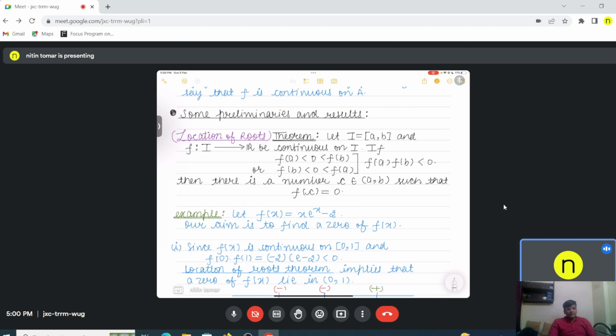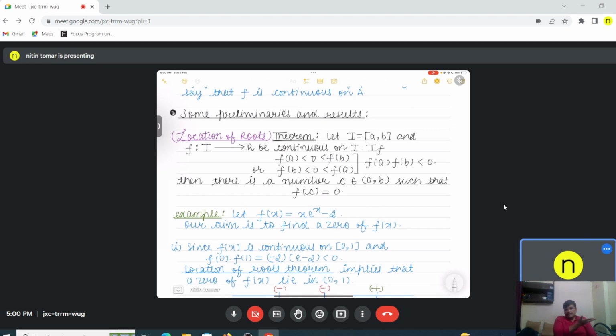Why this theorem is useful is because it is used to locate the zero. That is why the name, the location of roots. It may not explicitly tell you the root of a function, but it can help you explore in which interval it will lie.